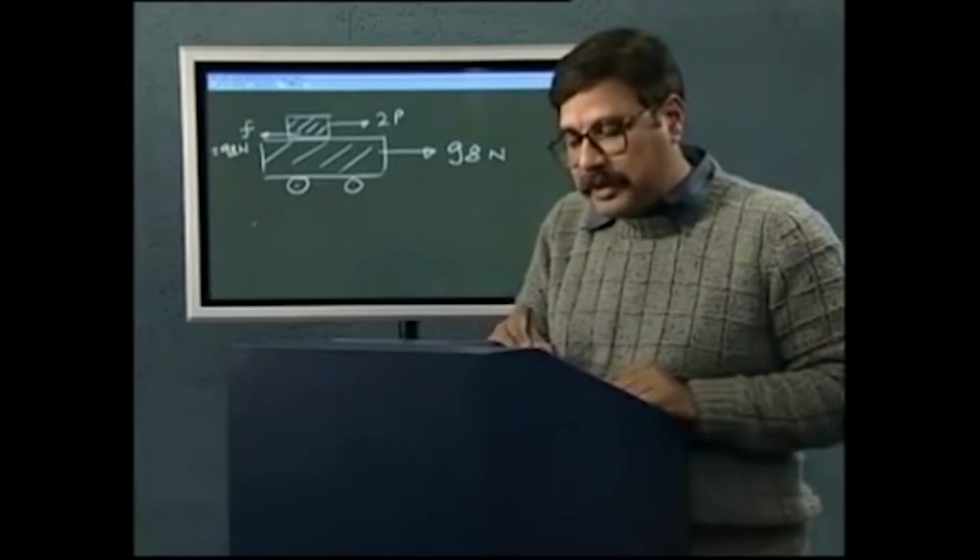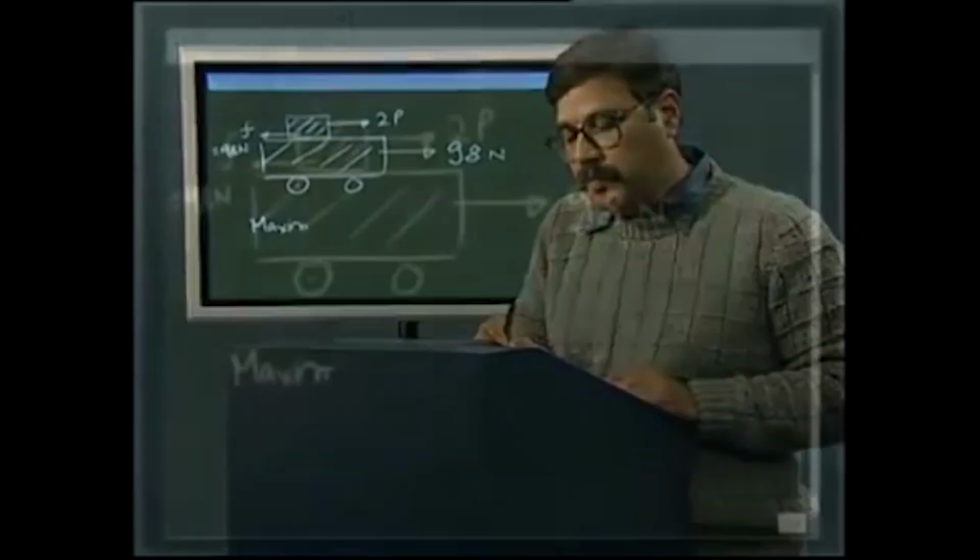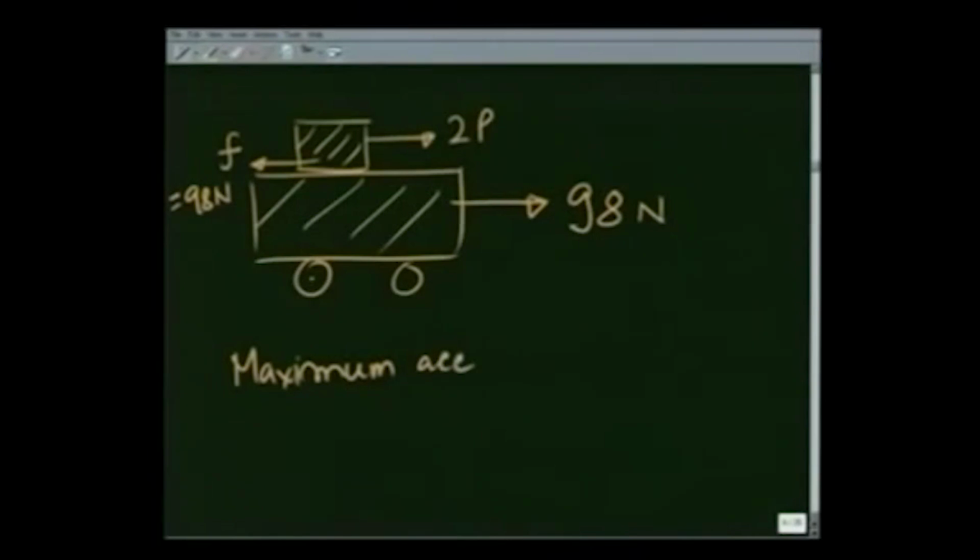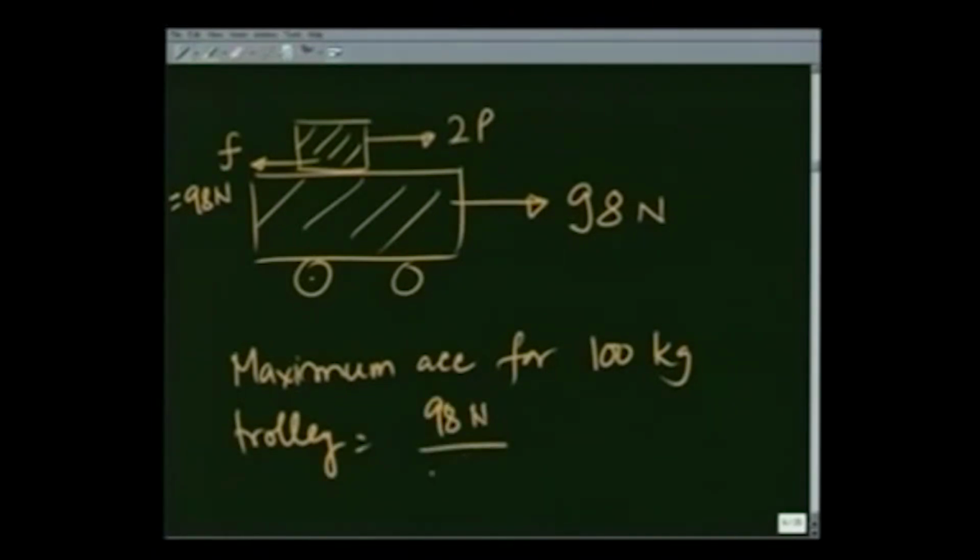So, the maximum acceleration for 100 kg trolley is equal to 98 newtons over 100 kg, which is 0.98 meters per second square. If the acceleration of the top mass 20 kgs happens to be larger than this, then there will be sliding. If it is less, then there will be no sliding.